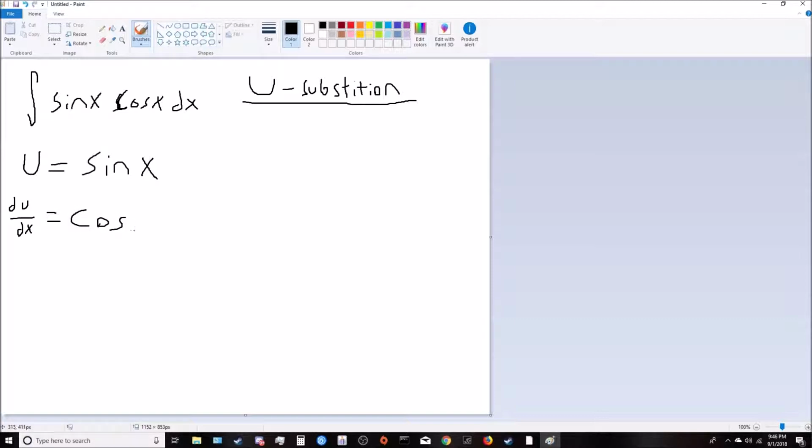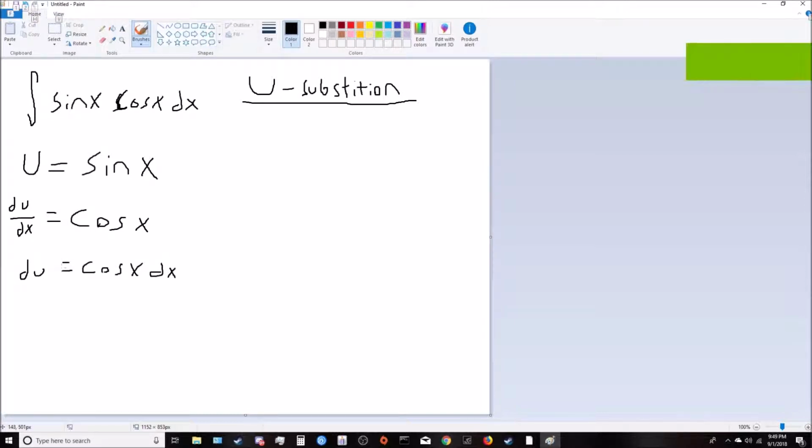So you get du over dx is equal to cosine x. Since differentials behave like variables when you're talking in algebraic terms, you can move it over to the other side. And now you have cosine of x dx is equal to du.